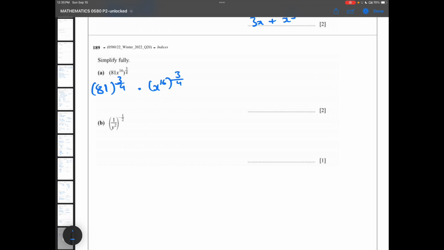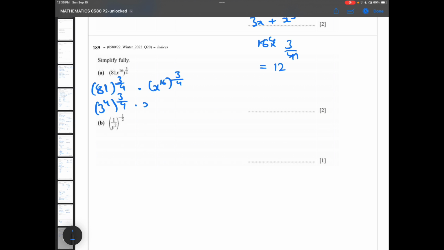According to the law of indices, when we have power on power, the powers get multiplied. So 81 is basically 3 to the power 4. Now we have power 16 on x, then we have another power 3 upon 4. It means these two powers will be multiplied with each other. So 16 multiplied by 3 upon 4. This 4 gets cancelled with 16, 16 becomes 4. 4 into 3 is 12.